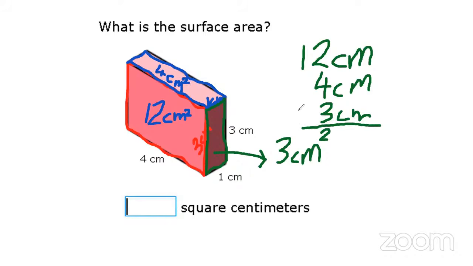So we first have to add all of these. I mean, we can do it different ways, but I'm just going to add all of these, which will give me 12 plus 4, 16 plus 3, 19 square centimeters. And since we have 2 of each, we will do what to get our final answer?